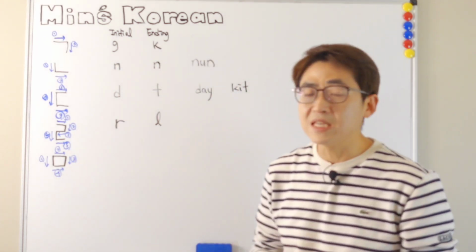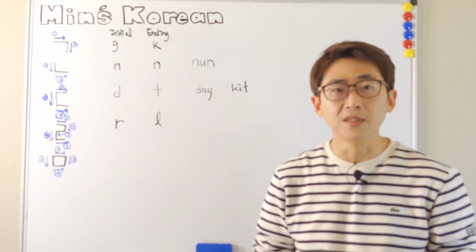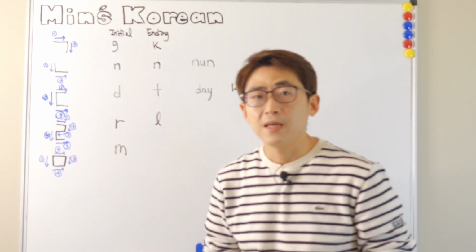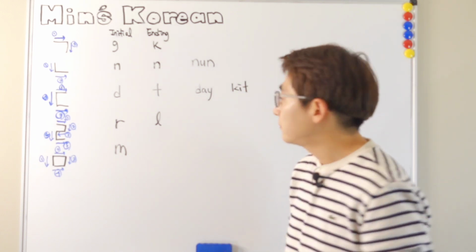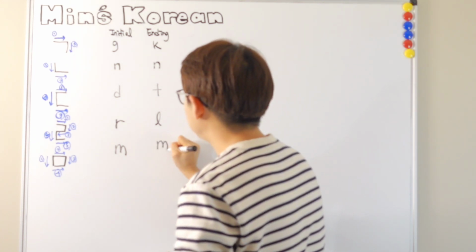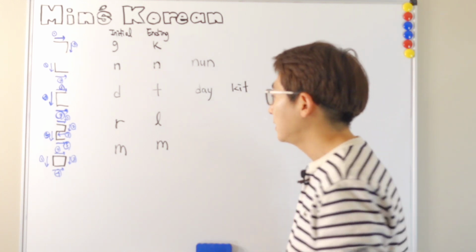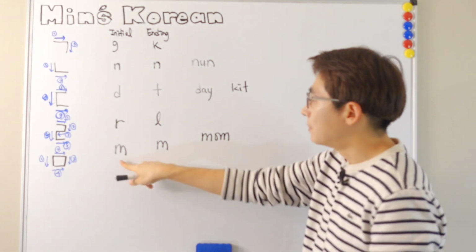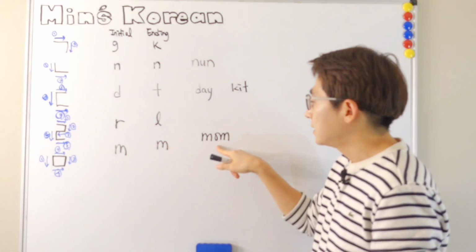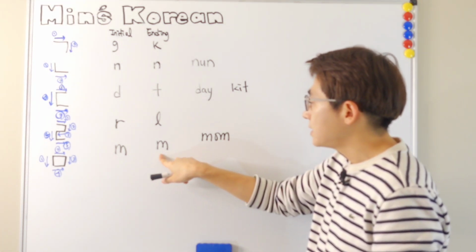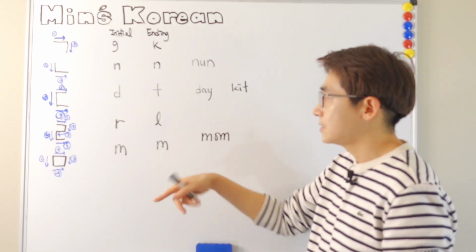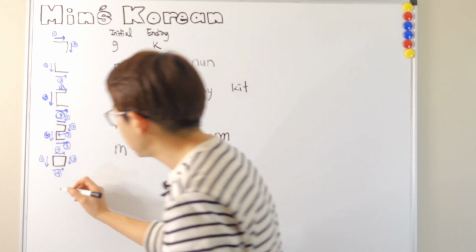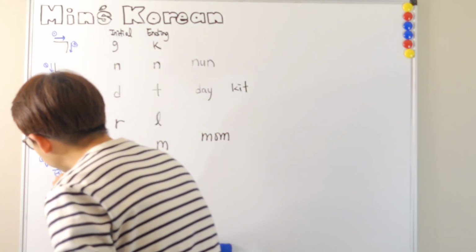Okay, and it's 미음, and it has the sound of m as initial, and the ending sound is the same. An example would be this: mom, and the final ending is exactly the same.